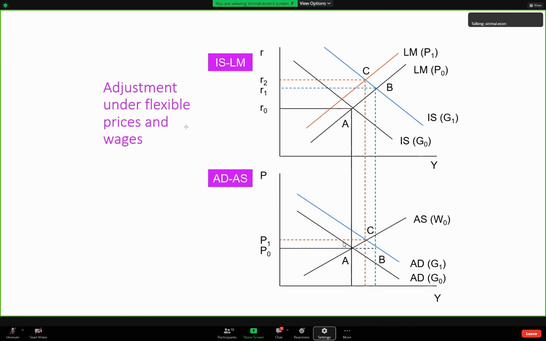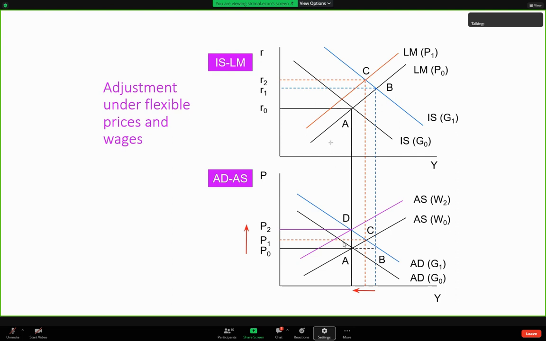Ultimately, it comes to a standstill when we reach the ultimate equilibrium point, according to our diagram, here at point D. So you can see price level has gone up, output level has come back to where it was.